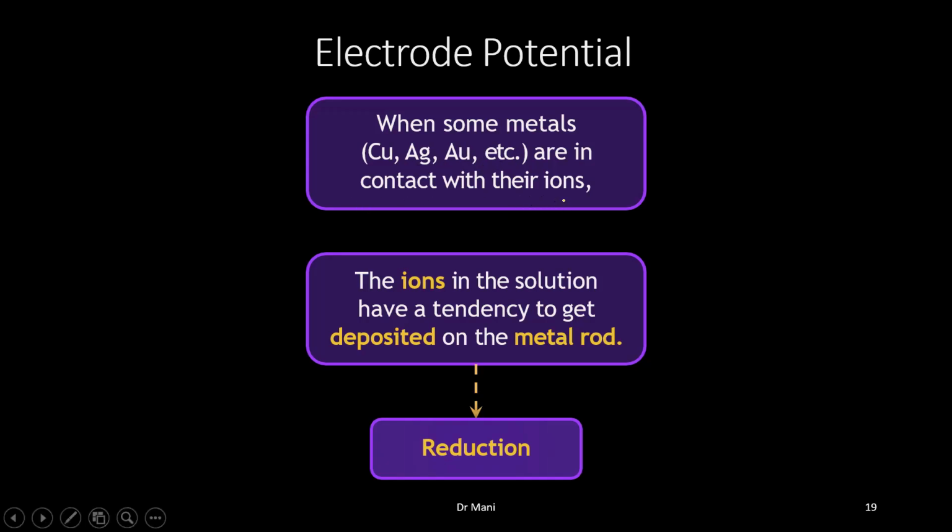So what happened here? Whenever copper, silver, gold come in contact with their respective ions, like Cu plus 2, Ag plus, Au plus, in the solution, then the electrochemical process will happen. That's where the reduction will happen. Here we are talking about oxidation.